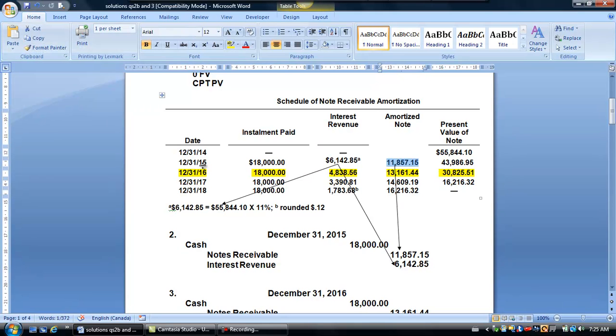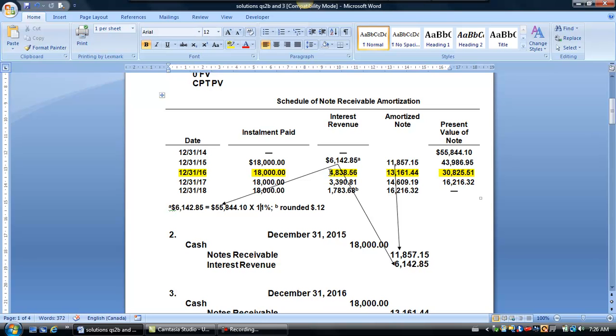Following this logic through to 2016, we have the same thing. We can see that the $18,000 payment is now going to cover $4,838.56 of interest, which is $43,986.95, the present value to open 2016, times 11% interest.